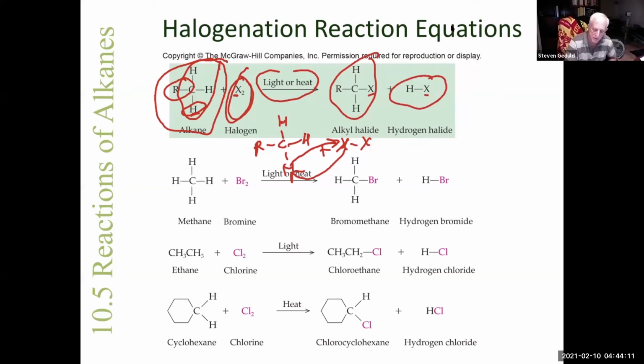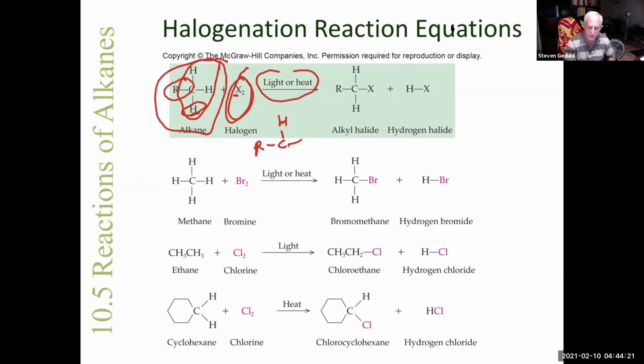So let's get these out of the way. Just want to get a little clearer here. There we go. That's perfect. All right, so let's take methane plus bromine. Bromine is going to replace one of these hydrogens, and this other hydrogen is going to come off and bind with the other bromine.